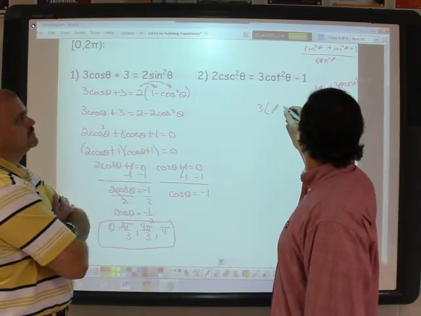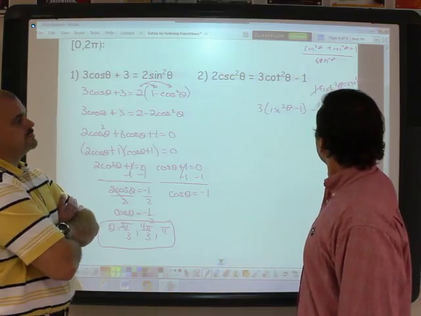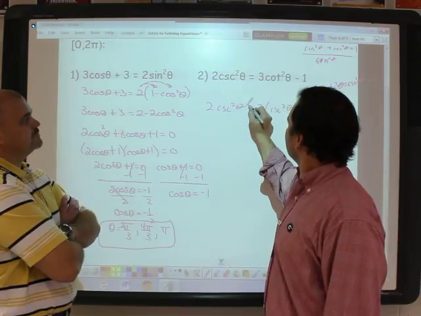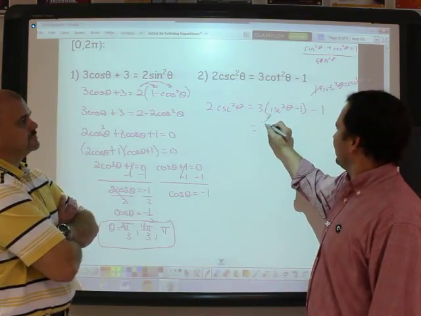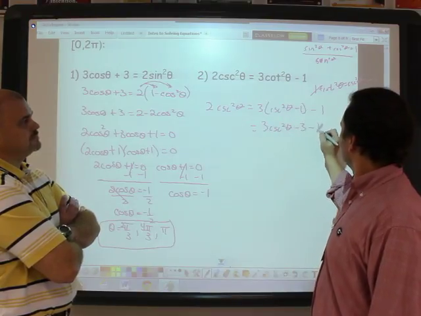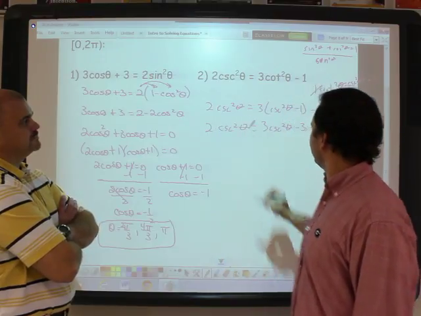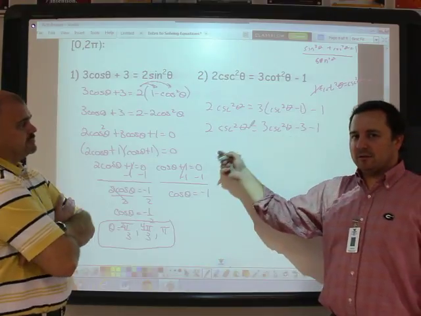So if you don't know these, you can always derive them. Okay? I'll distribute on the right-hand side. Now, you'll notice I don't have any linear cosecants.